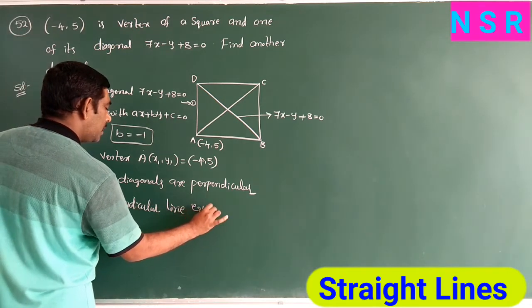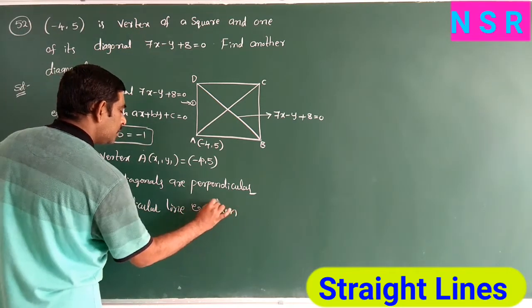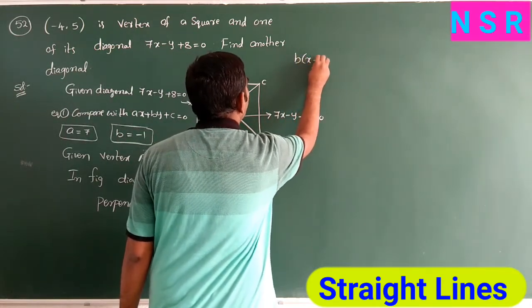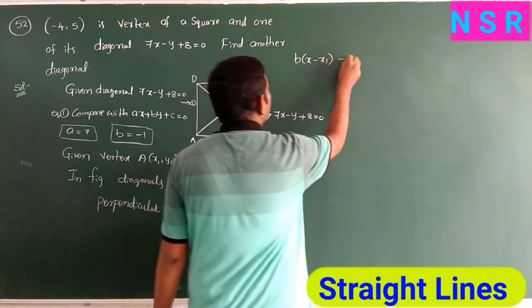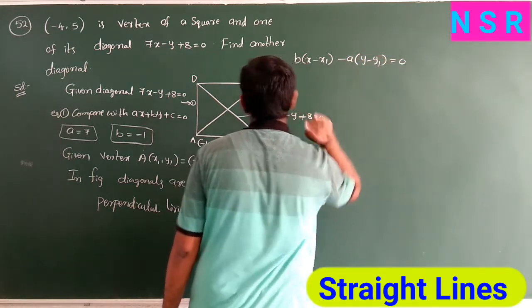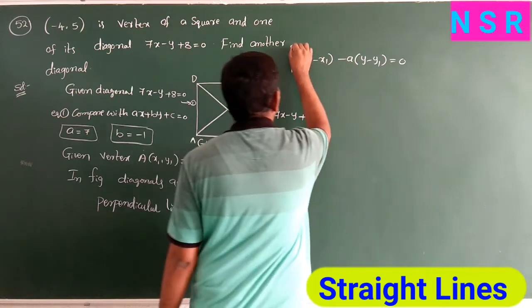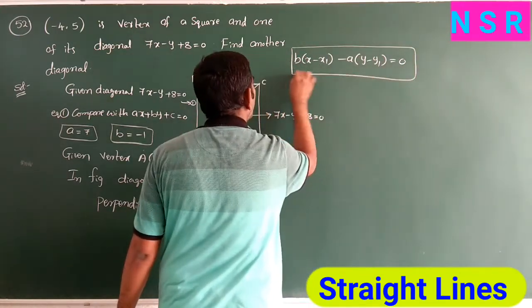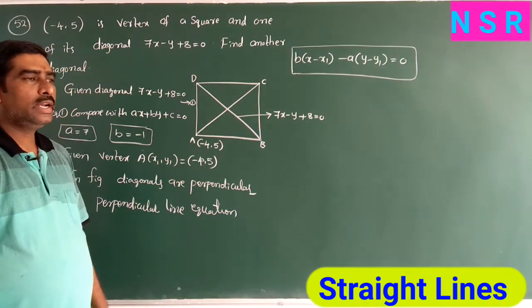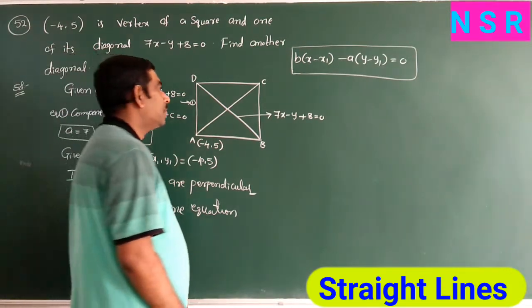So what is perpendicular line equation? So perpendicular line equation is b into (x minus x1) minus a into (y minus y1) equal to 0. Now substitute the values. So this is the formula of perpendicular line equation. Why here applying perpendicular equation? Because the diagonals in a square are mutually perpendicular.